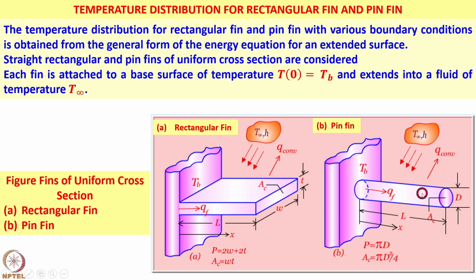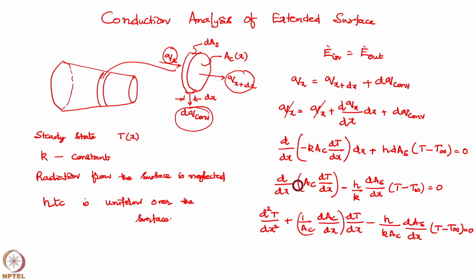If Ac is constant in both cases, and not a function of x, then dAc by dx becomes 0 for constant cross section, and As equals P into x, so dAs by dx becomes P.